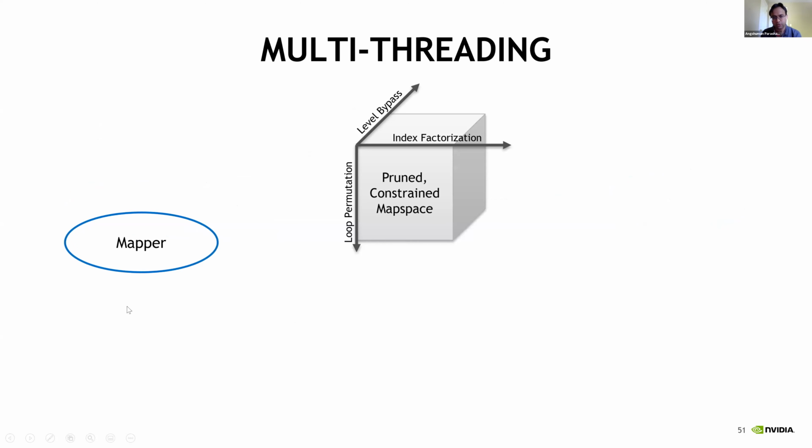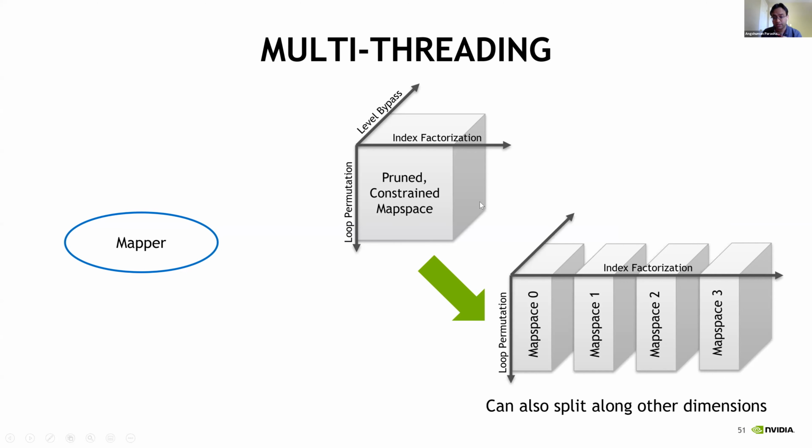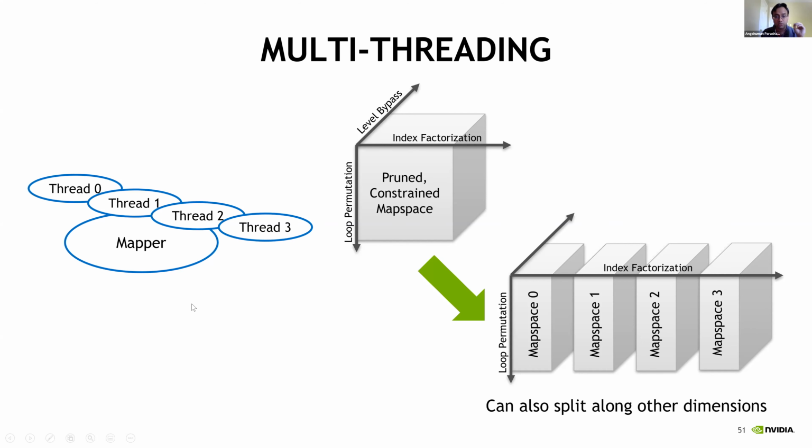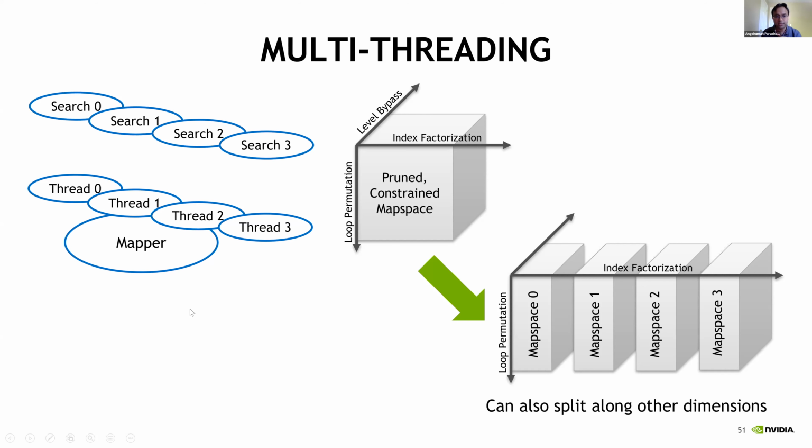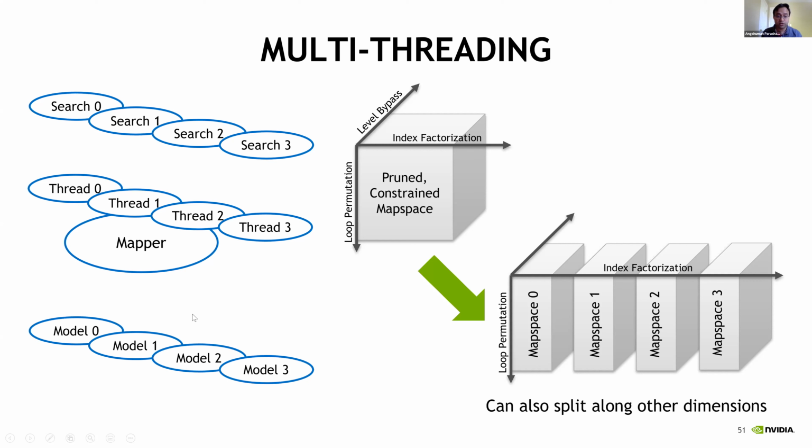And as I said, there's a set of heuristics that we have. The mapper is actually also multi-threaded. So what ends up happening is that your pruned constrained map space actually gets split up into multiple sub-map spaces. And then the mapper forks off a bunch of mapper threads. And each thread runs an independent copy of the search heuristic.